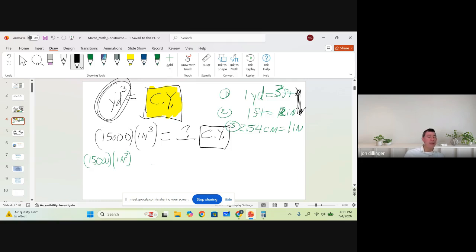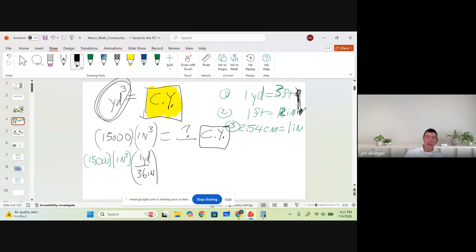You can see that 1 yard over 36 inches is the same. 1 yard is the same thing as 36 inches. Because this right here is equal to 1. So you're not going to change the 15,000 cubic inches. You're just changing the appearance of it.